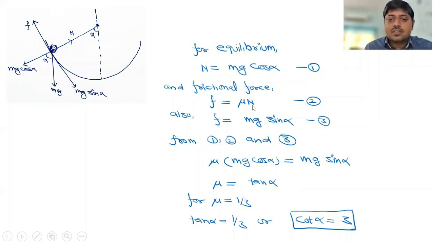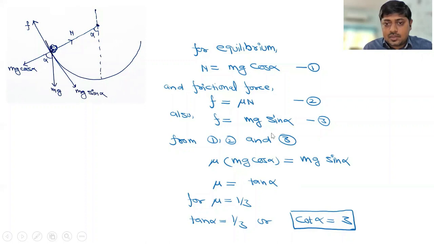This is the standard relation. And as defined in the condition, for the maximum value of alpha, f will also be equal to mg sin alpha. So this is the maximum value of alpha up to which the insect can crawl up without falling down.